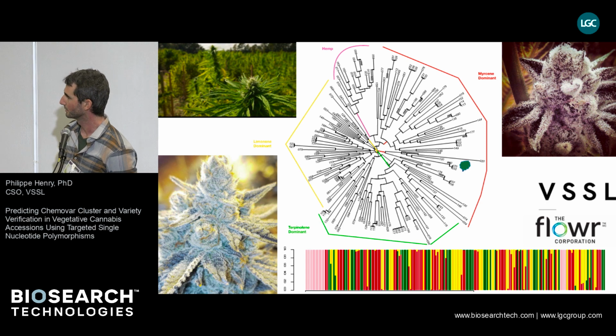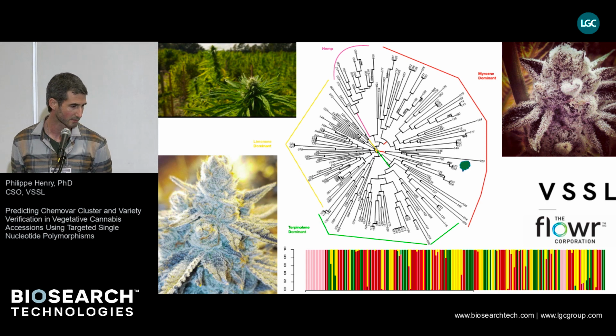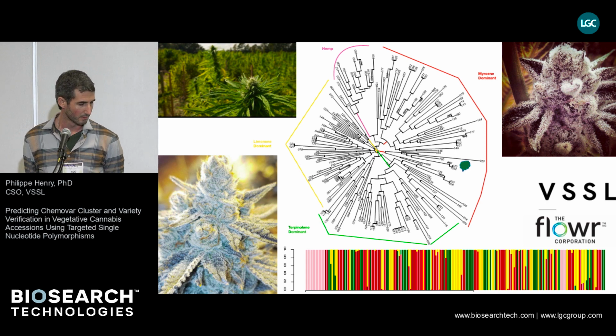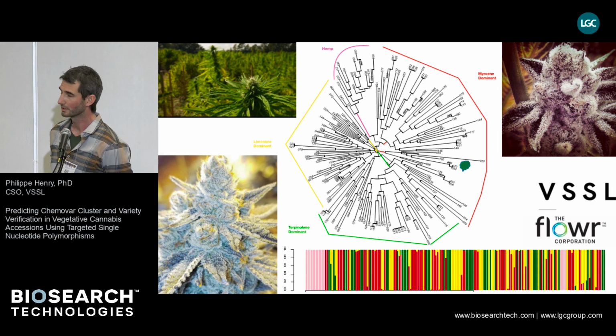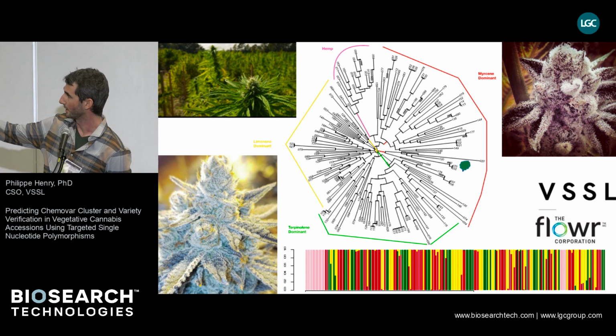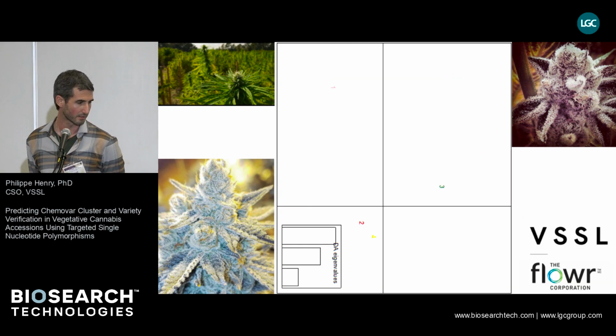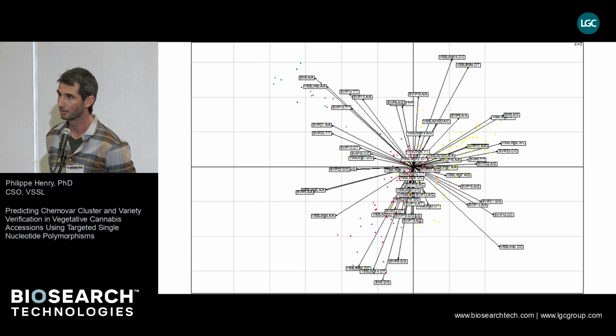Essentially, here's another example of how these markers are clustering based on the position of each individual. And so you're able to find different markers that are associated with, for example, a particular allele with hemp. If you look on the top left there, we've got a THC synthase allele that's always homozygous in hemp, and an old drug-type cannabis is homozygous for the other allele.